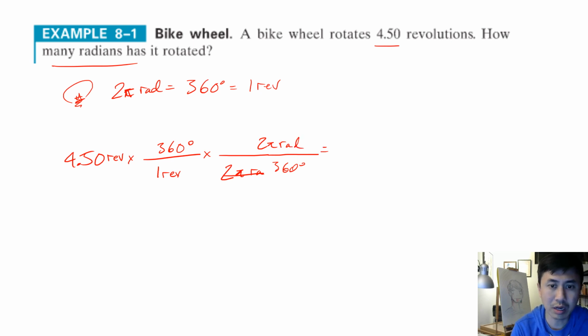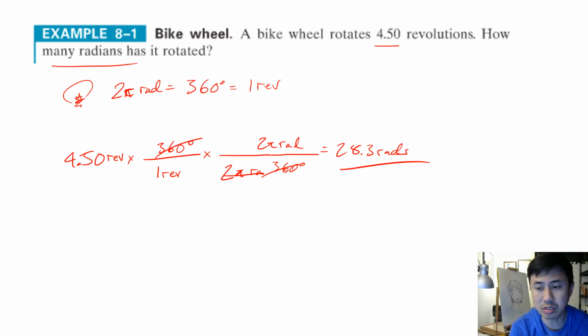So all we've got to do is multiply across. The 360 degrees cancels, and then it's just 4.5 times 2 pi, and I get 28.3 rads. Done.